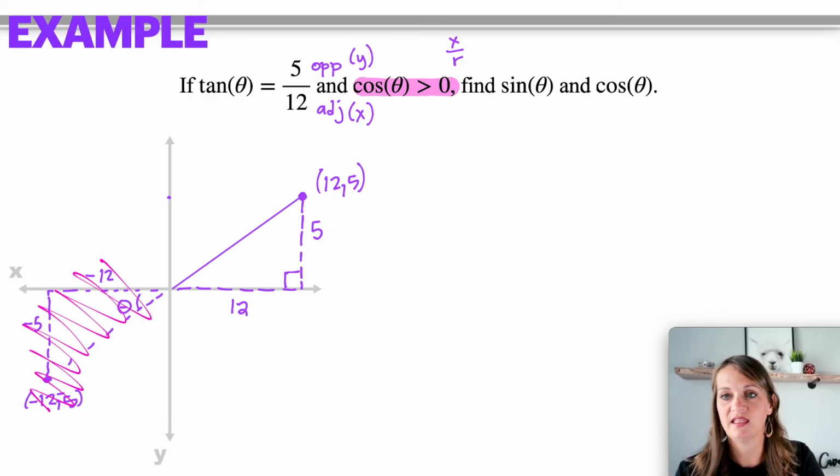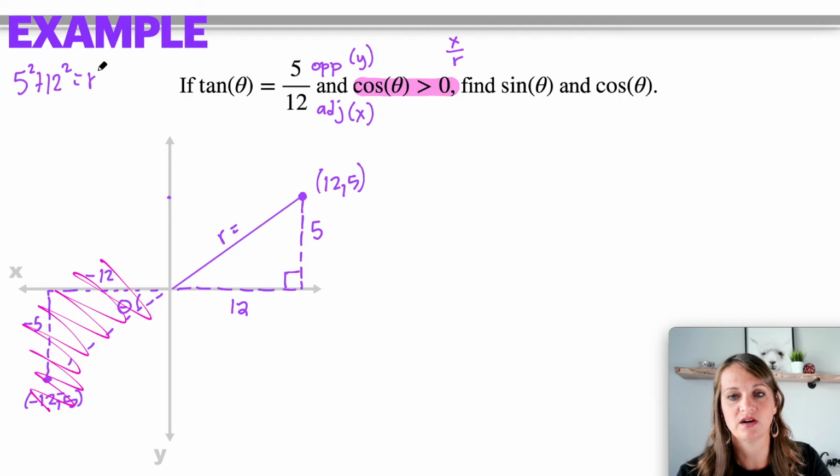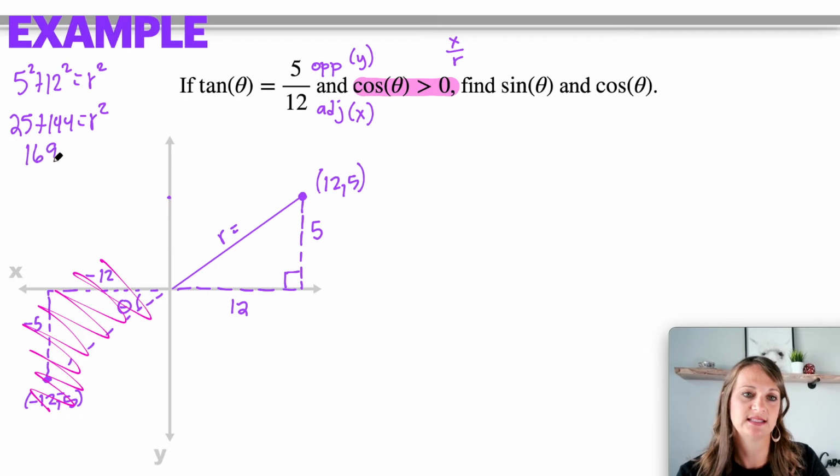It had to have been that quadrant. And now we can find the rest. If that's 5 and that's 12, we can go ahead and at least find r. So 5 squared plus 12 squared equals r squared. So you get 25 plus 144, which is 169, which is 13.